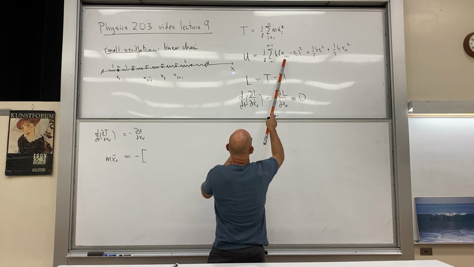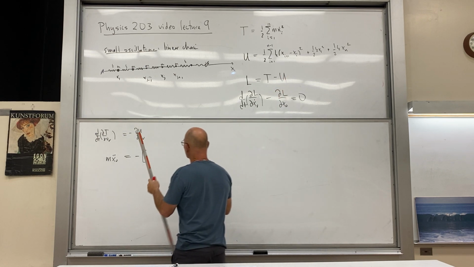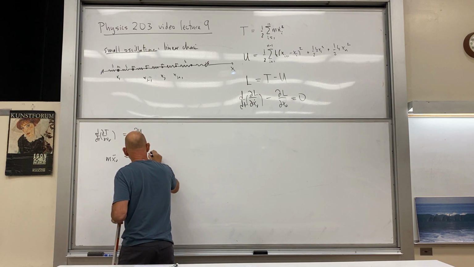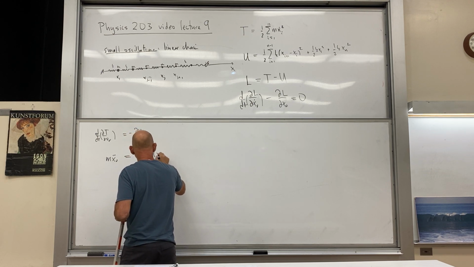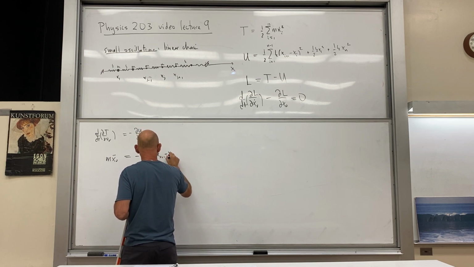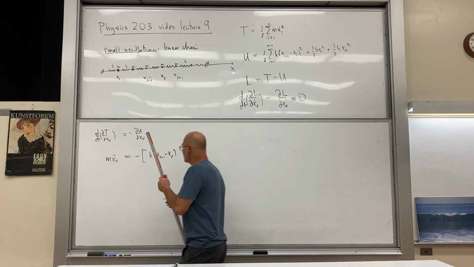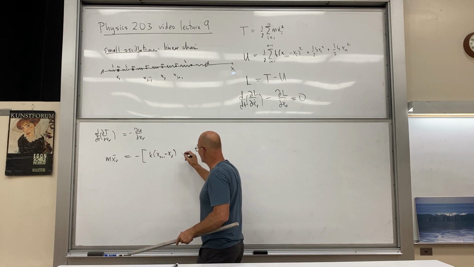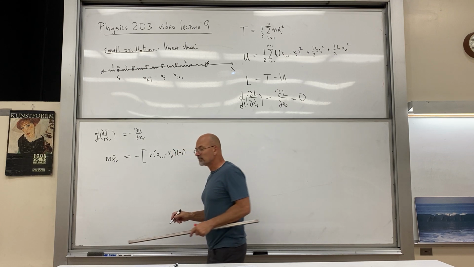We have x of nu plus 1 minus x of nu. So we're going to pull out a k (x nu plus 1 minus x nu). But we're differentiating with respect to x of nu, so it's got a minus sign there, and the inner derivative gives us another minus sign.